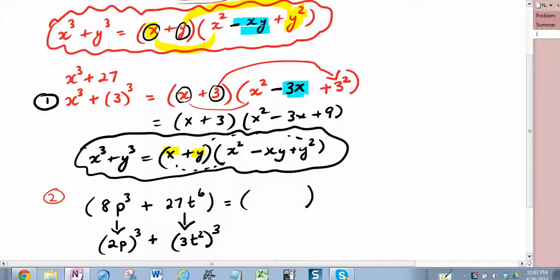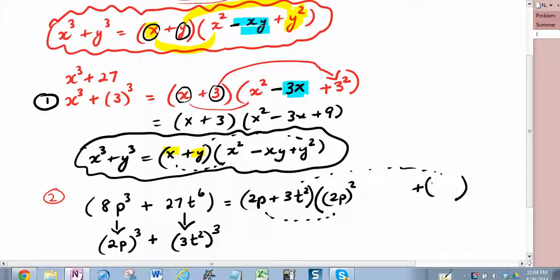I take what's being cubed, the 2p and the 3t squared. I add them. There is my first factor. Then what do I do? I take my 2p, and what do I do with it? I square it. I take my 3t squared and I square that.